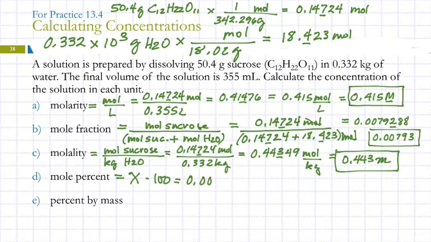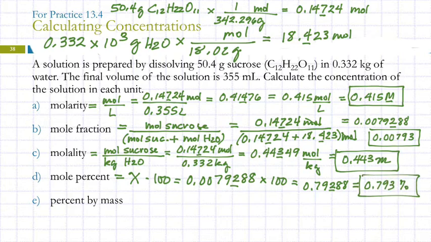So 0.0079288 times 100, 0.79288, which will round to 0.793%. Any questions?